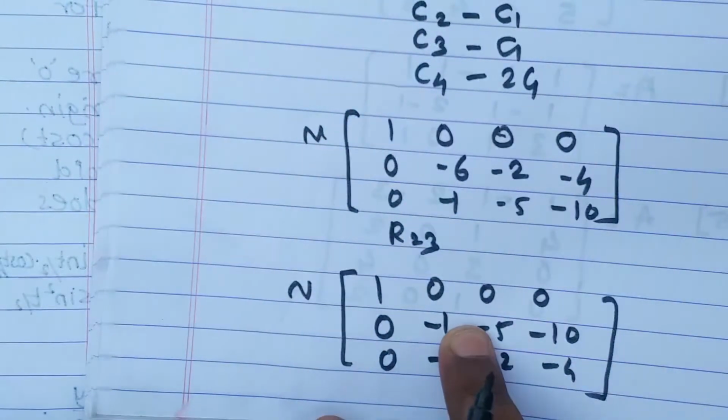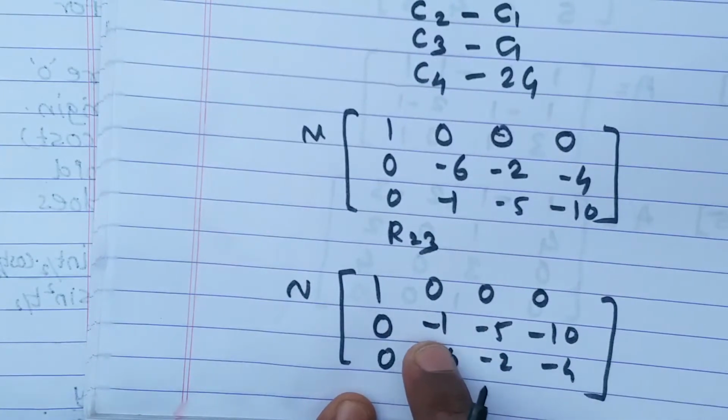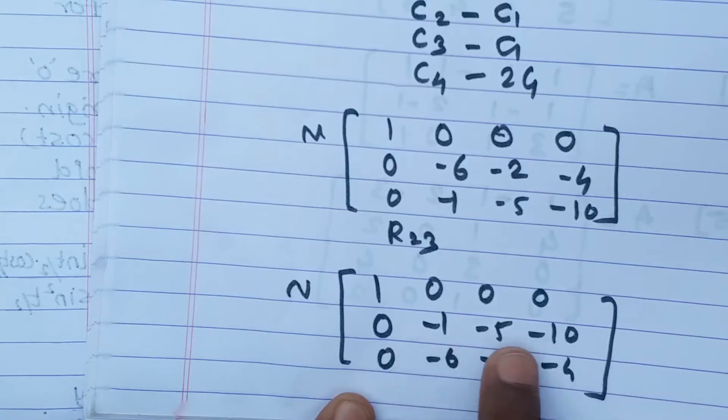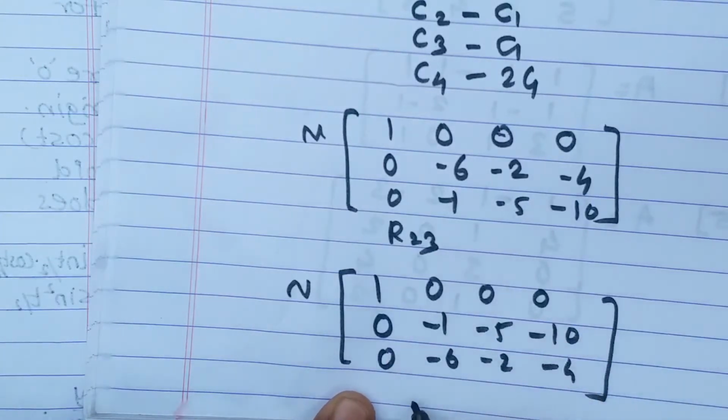Now diagonally we have to make 1, so we can multiply this throughout by a minus sign. This row or this column can be multiplied, anyway you can do it to get 1 here. I will multiply the second column by minus 1, so minus C2.